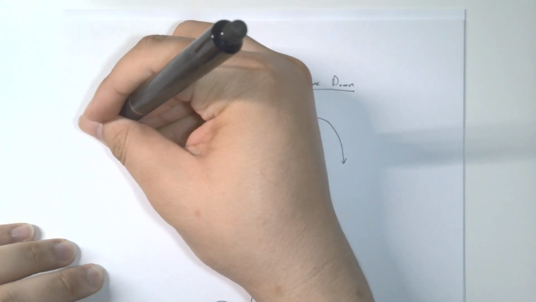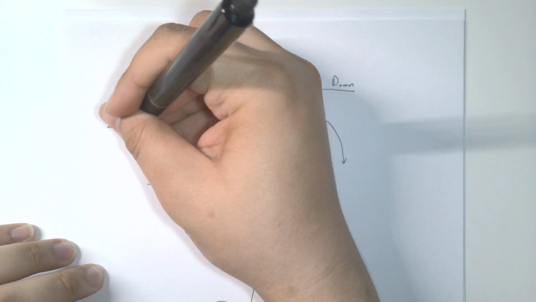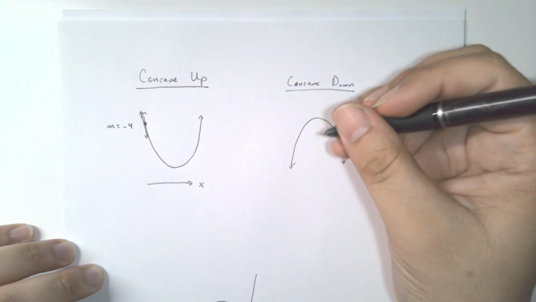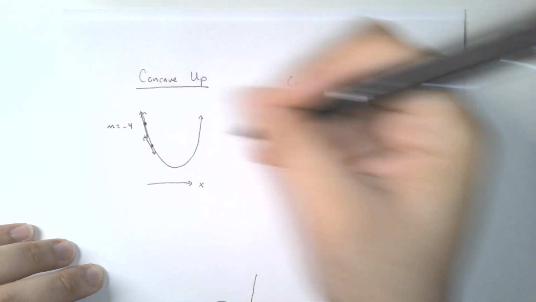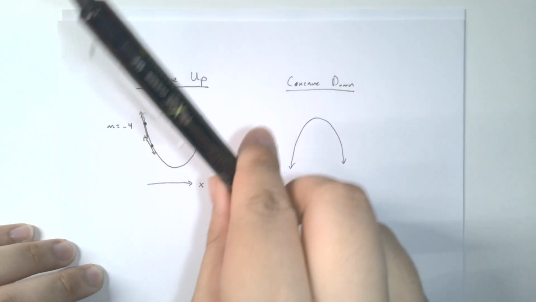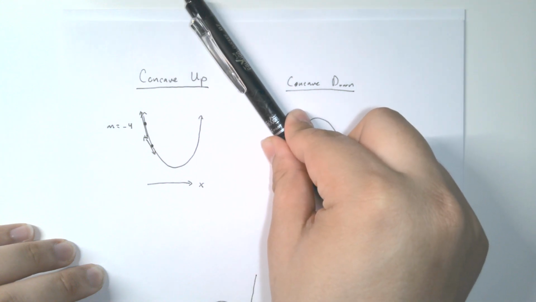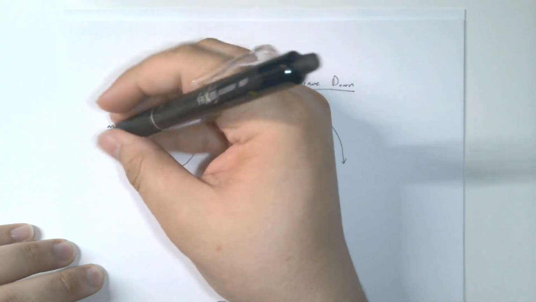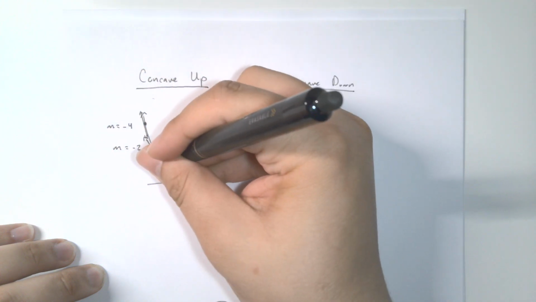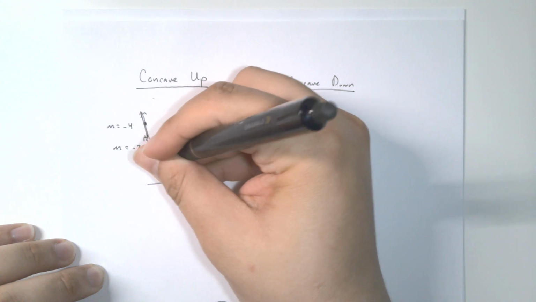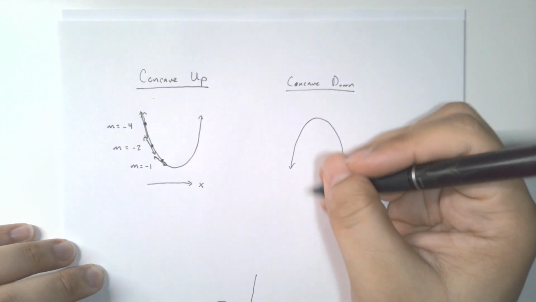I could say that m is equal to, I don't know, -4 right there. And maybe over here, it's still downwards, but the slope is less steep. So it started like that, and now it's less steep. And maybe here, m is equal to -2. And right here, less steep, m is equal to -1.